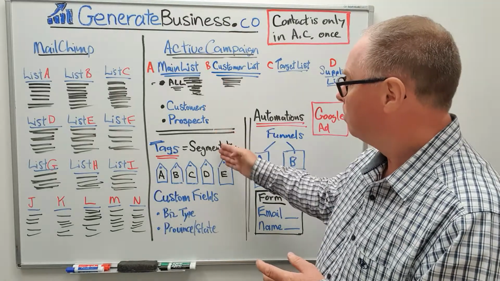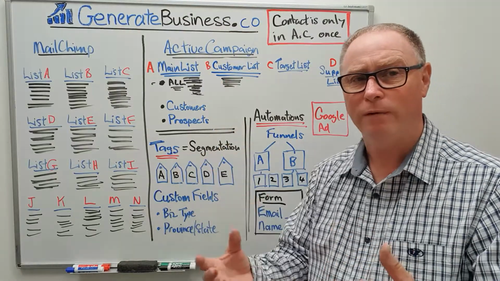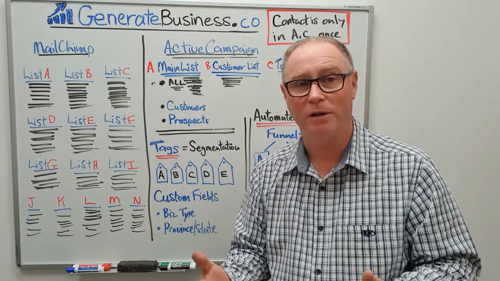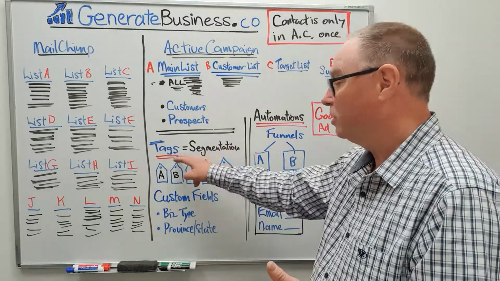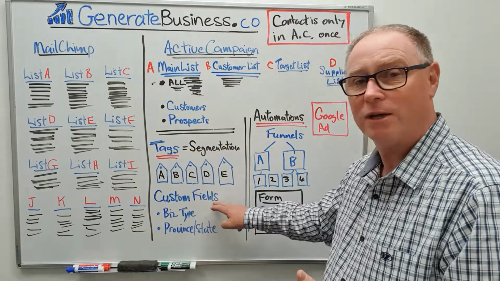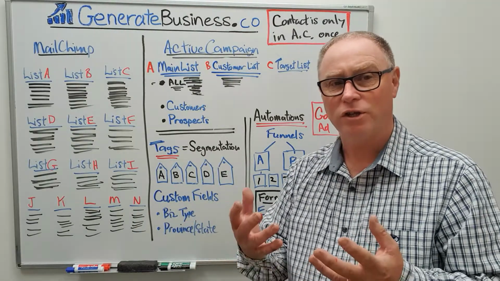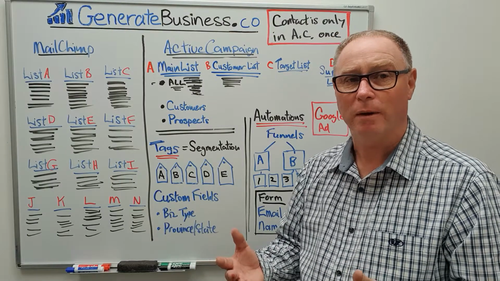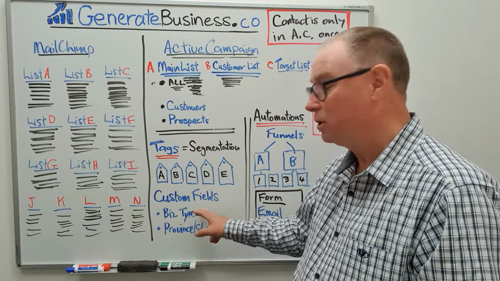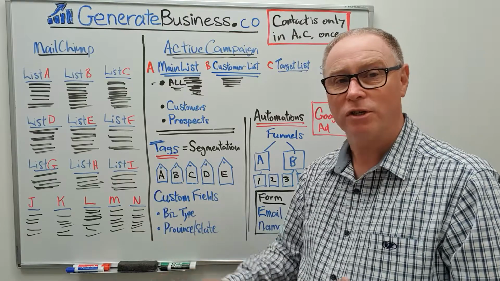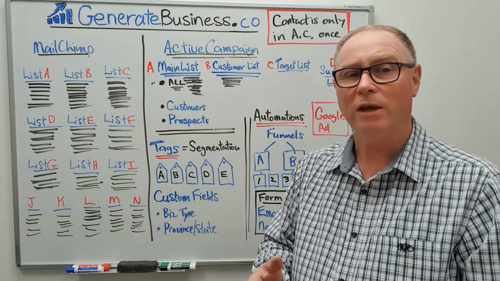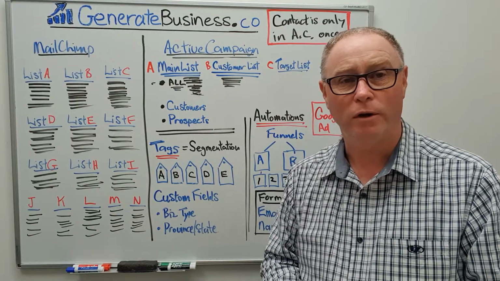But using tags, the benefit of ActiveCampaign is segmentation. You can segment by tags, but you can also segment by custom fields. In one of the accounts we look after, there are 78 custom fields for each customer. Some of them relate to the business type they're in, some of them are the state or province they're in, but one of the key ones is what products the people have purchased.